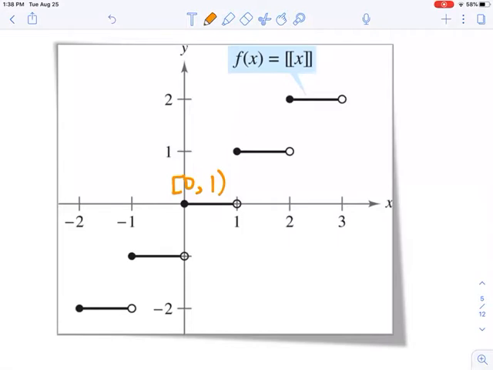Now, I can say that from 0 to not including 1, we have continuity. And from 1 to not including 2, we have continuity. But the function as a whole would not be continuous.